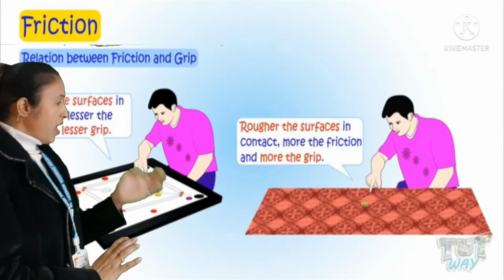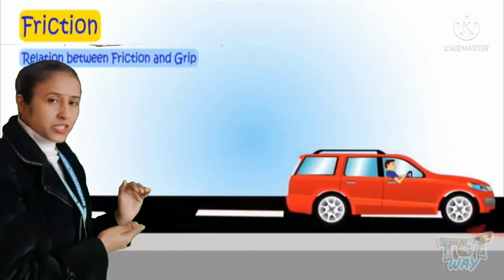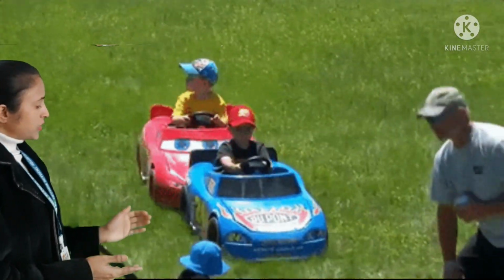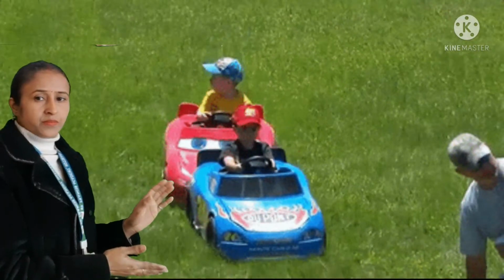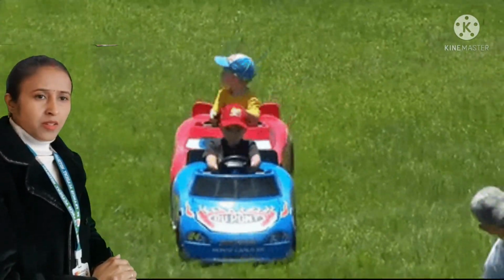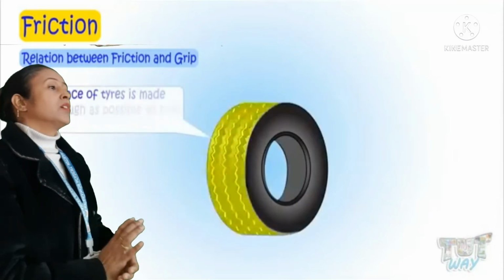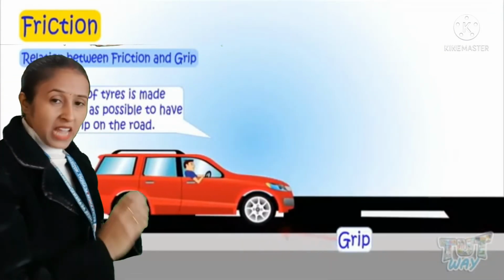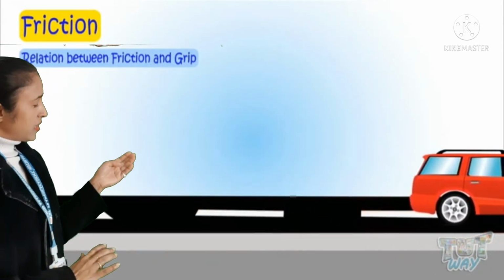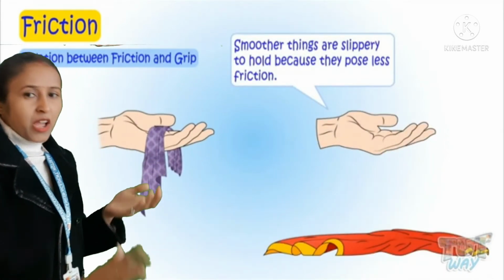In this car, between the tire and the road, there is a friction which is opposite to the movement, and because of the friction the car runs smoothly anywhere. There may be some scratches on the car, but when the tires are smoother, that is quite hazardous for the car. Now look at these clothes. Some clothes are smoother, so they slip down from our hand.